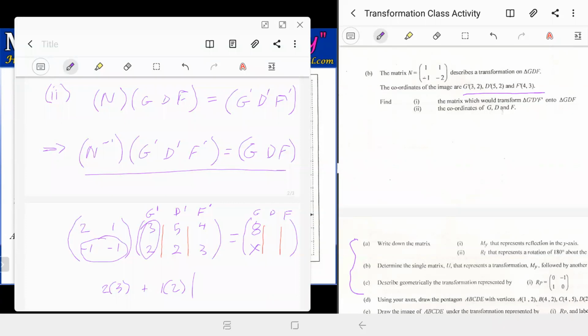So it becomes -1 times the 3 is -3, and -1 times the 2 is -2. Understand that? That's -5. So this value right here is -5. So far, so good? Yes, sir.